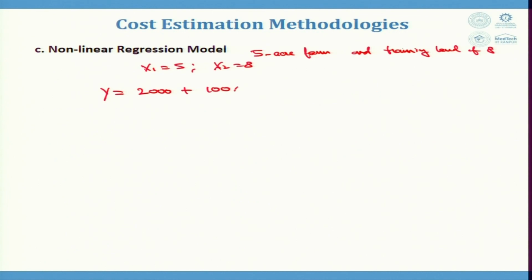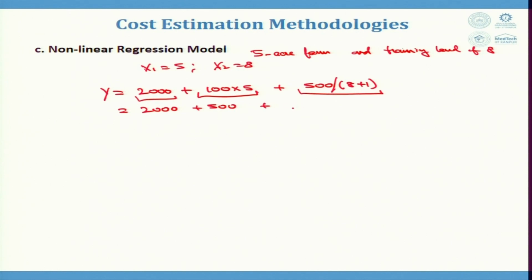It is 100 into 5 plus 500 divided by 8 plus 1. This is equal to 2000 plus 500 plus 500 by 9, which is equal to 2000 plus 500 plus 55.56.